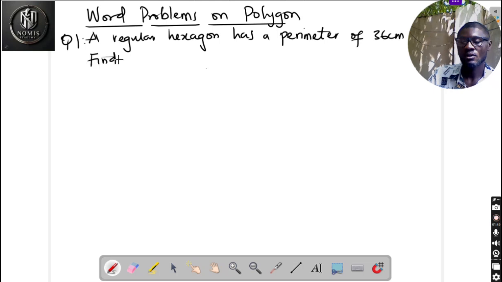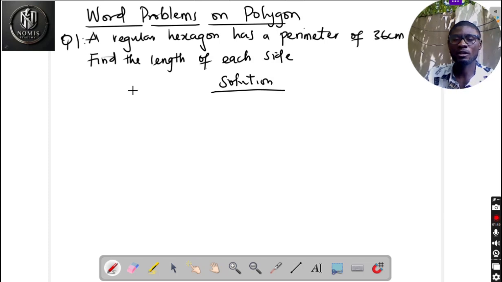Find the length of each side. So looking at this question, how do we go about it? A regular hexagon has a perimeter of 36 centimeter. Find the length of each side of the regular hexagon.